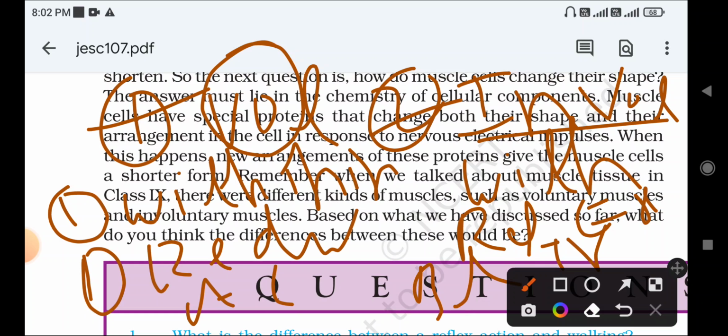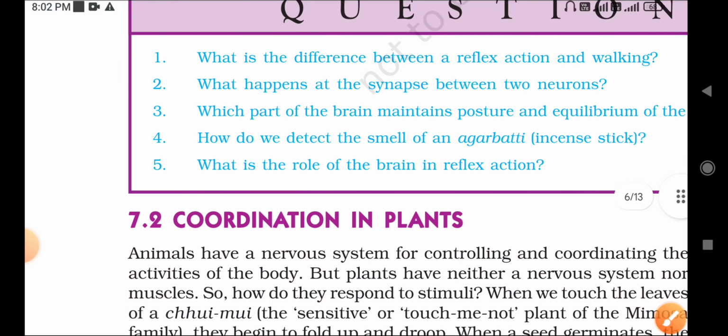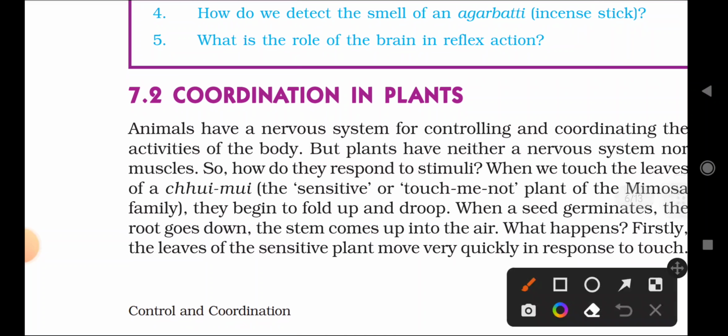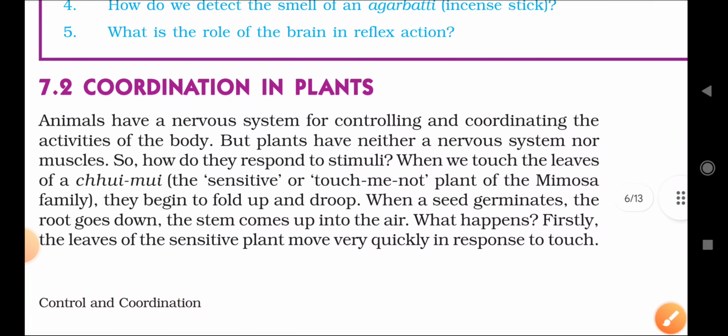These are the two types of muscles, voluntary muscles and involuntary muscles, and their difference. You have to write first the definition of both voluntary as well as involuntary. After that give two examples. So that is the difference between voluntary and involuntary actions.